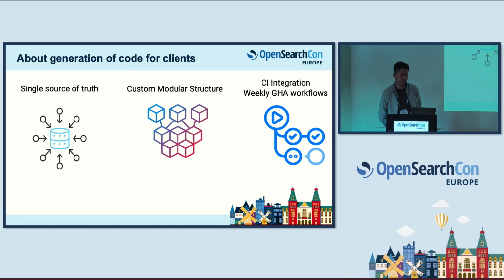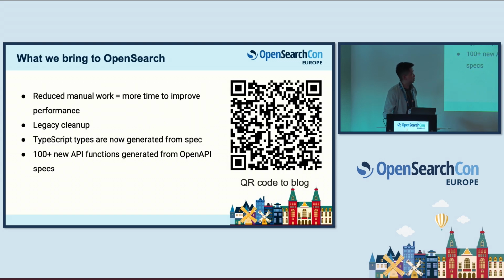We made a custom modular structure with different namespaces and operation groups, so it's much easier to maintain. Also, every week now we're generating code for our client sources. That keeps all the clients in sync.